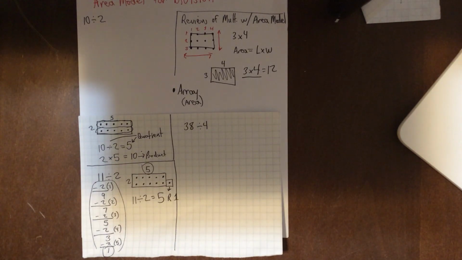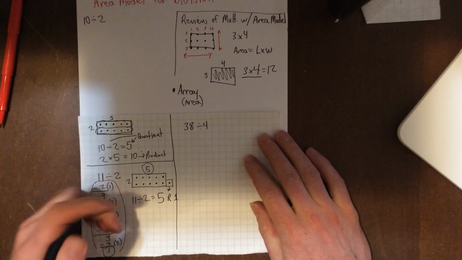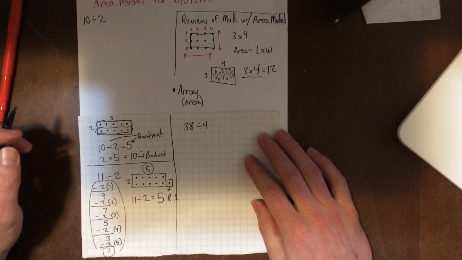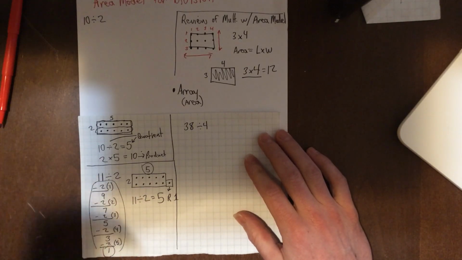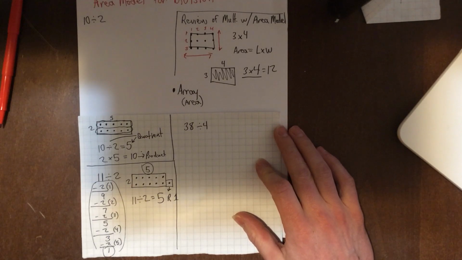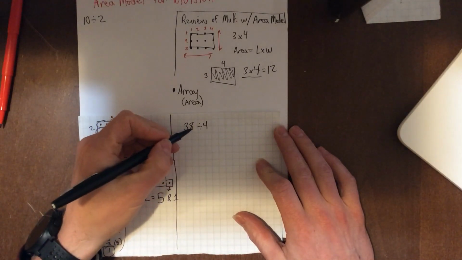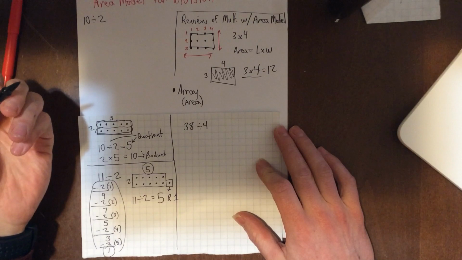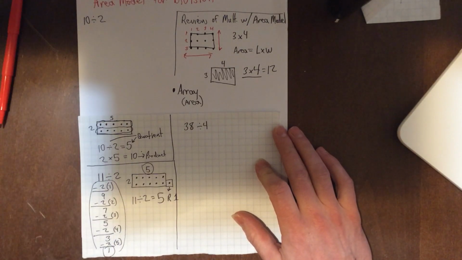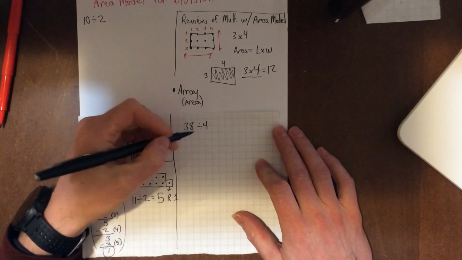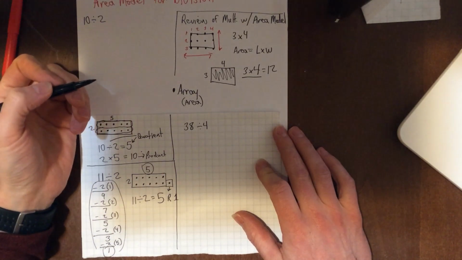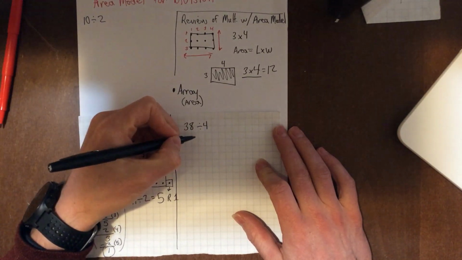Now here's where it makes sense to use the area model, but to not draw an array. So if I break 38 into groups of 4, just to prove the point, I'm going to show an array with those dots. Let's try that.